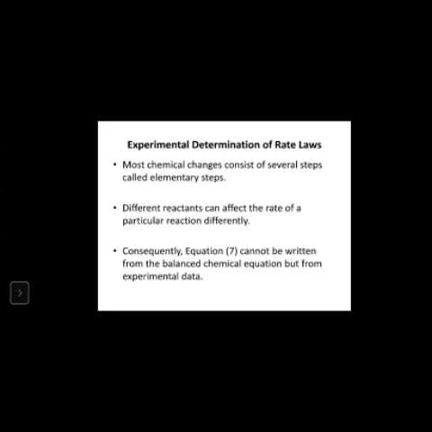When you are done with the first one, you keep the first one, the last one constant, and then you monitor the variation of the second one, how it changes with time. It's the same thing. So whether there are 6 reactants, you keep all of them except one and monitor the changes.